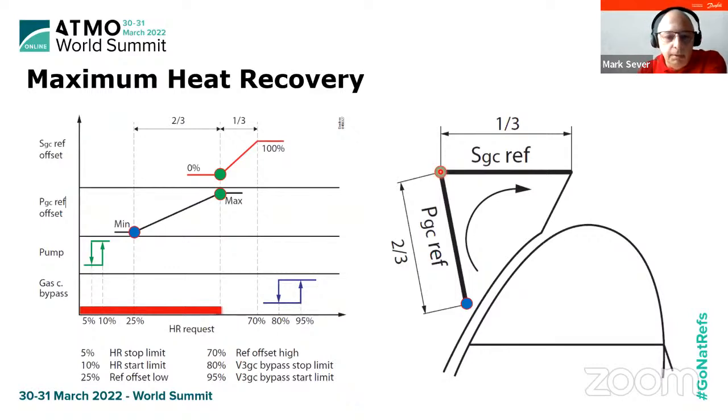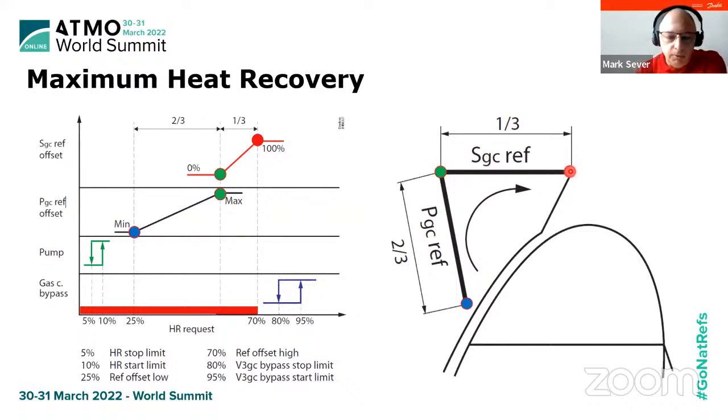Next step, when the heat recovery request is increasing, as I explained, we are increasing the temperature reference out of the gas cooler. So we are going across this line, ending up at this point, reaching the optimum COP line. This is a typical heat recovery process.